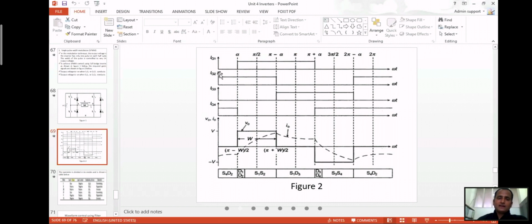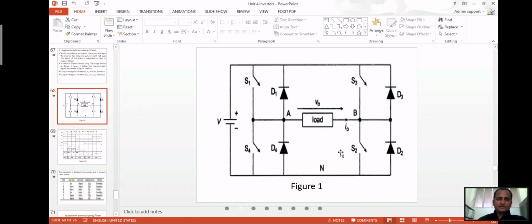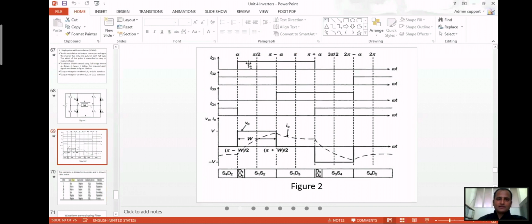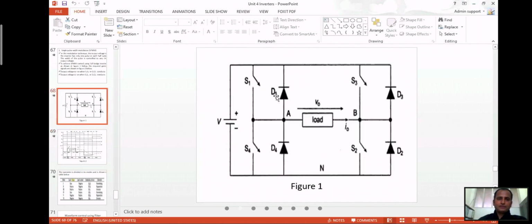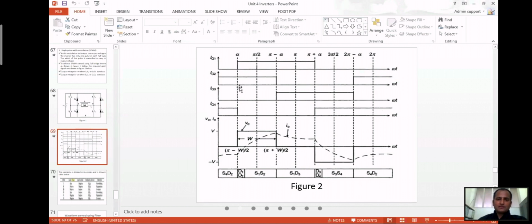Similarly, S1 and S2 have to conduct in this case. So conduction is from alpha to pi plus alpha. Then in case of S2, the SCR2 is conducting from 0 to pi minus alpha.